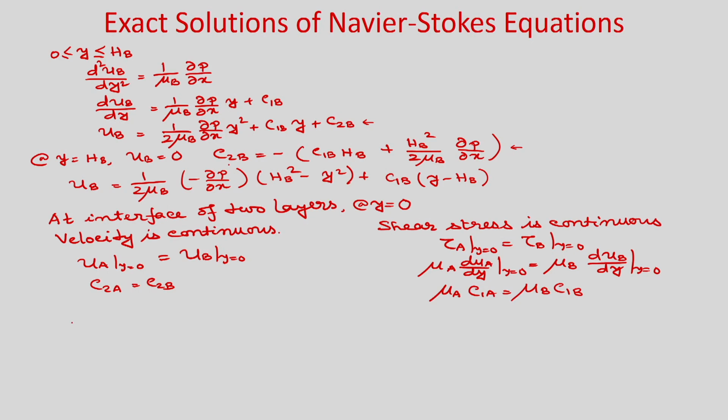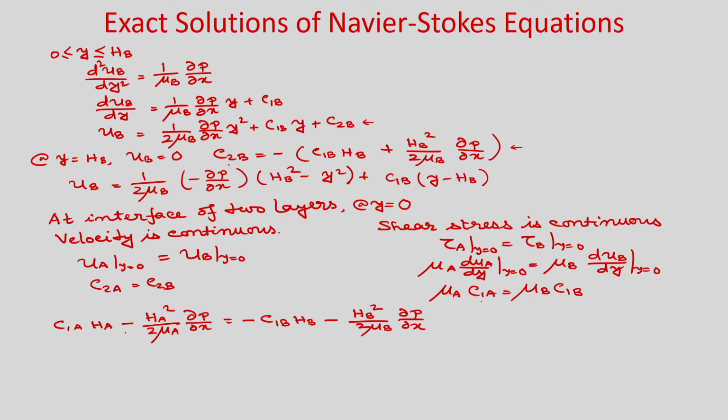So, you can write C 1 a h a minus h a square by twice mu a del p by del x is equal to minus C 1 b h b minus h b square divided by twice mu b del p by del x. Okay. So, now you can see this we can take in the left hand side and we can write C 1 b is equal to mu a by mu b into C 1 a.